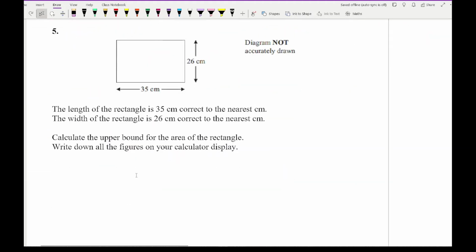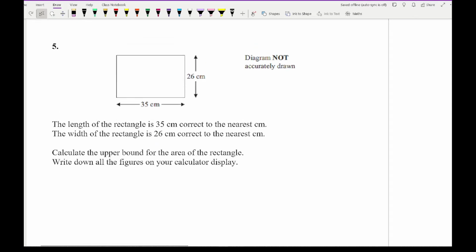So now let's look at a very similar question. This question is giving me a rectangle again. It says not drawn accurately, obviously. It says the length of the rectangle is 35 centimetres to the nearest centimetre, and the width is 26 to the nearest centimetre. And again, it's asking me for the upper bound of the area. So to find the limits, I just need to plus or minus half a centimetre.